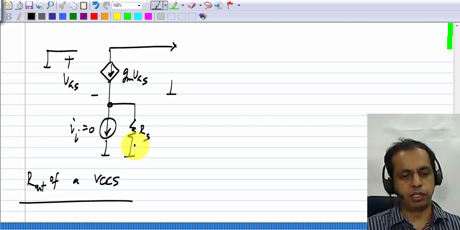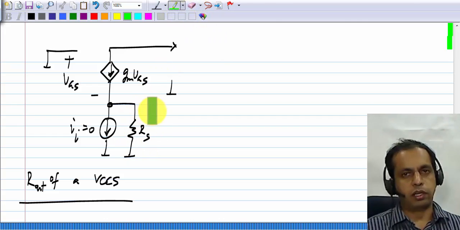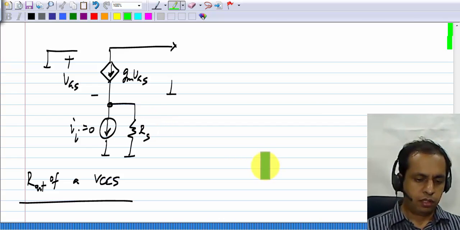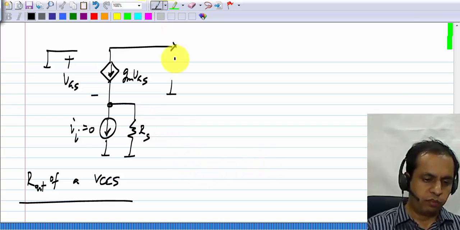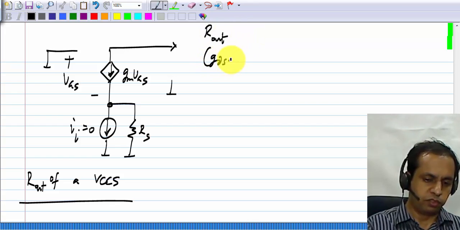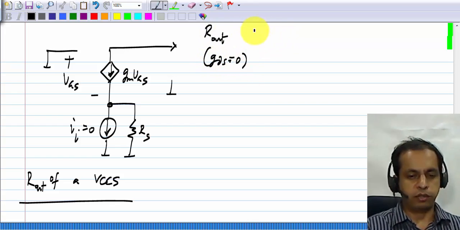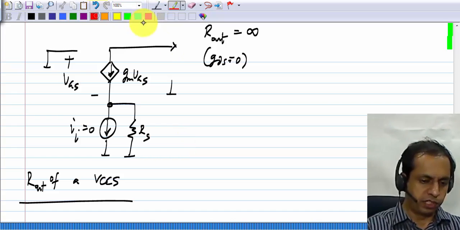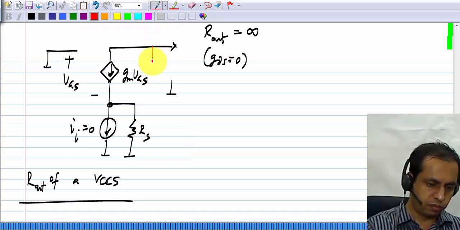We had called this R1 there, now we call it RS. So if you evaluate R out with GDS equal to 0 or RDS equal to infinity, it will come out to be infinity. It will appear like an ideal current source. So in this case also, the presence of RDS makes a qualitative difference.